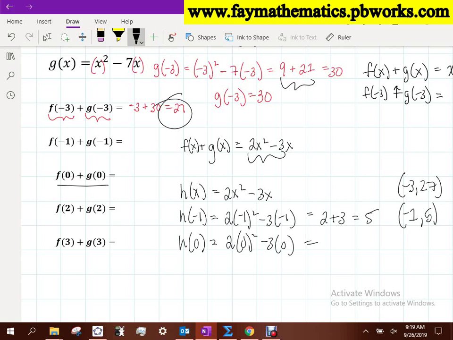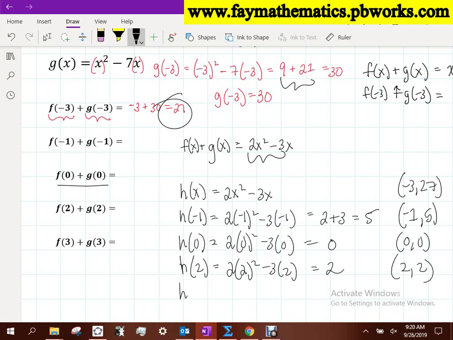Plug in 0, but that's going to vanish, right? That's going to go away, and you're going to get just 0, correct? So 0, 0. We do g of 2 plus f of 2. Same thing as asking h of 2. Okay, so we get 8 minus 6. 2 comma 2. We'll do one more. H of 3. So 18 minus 9, which gives me 9, right?